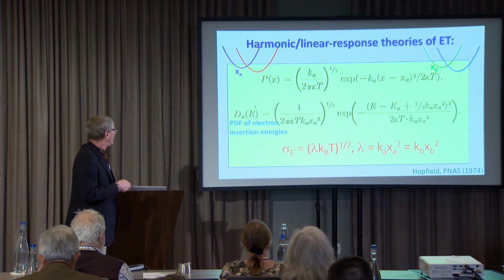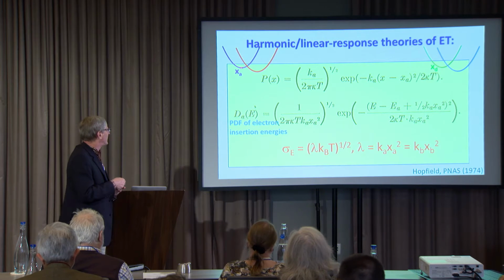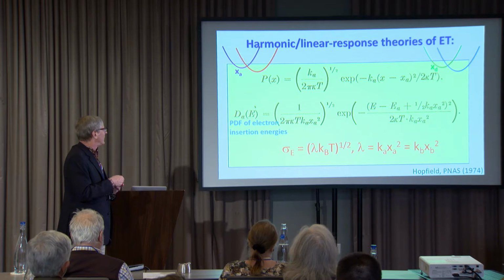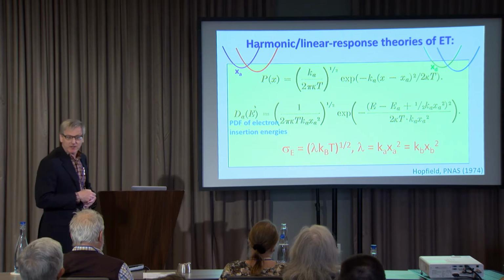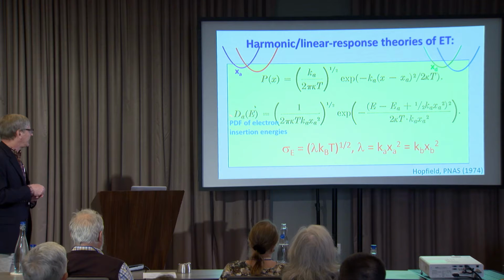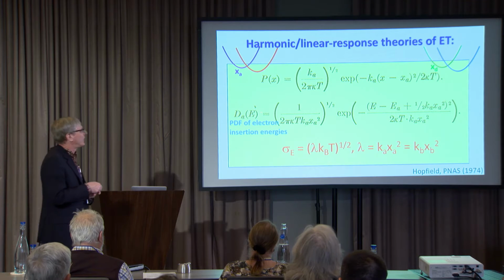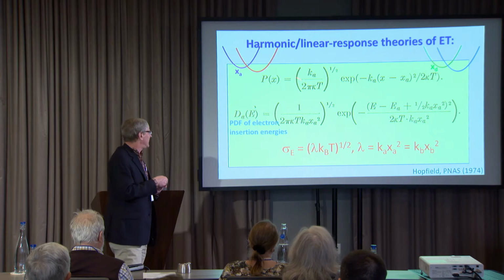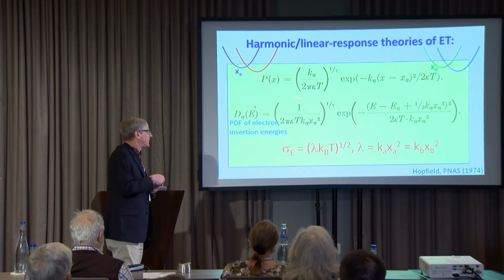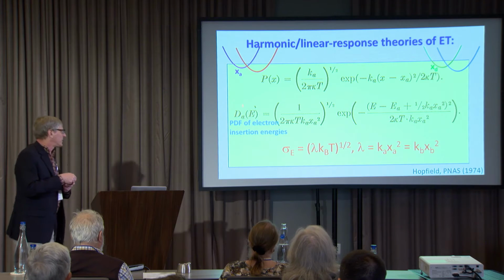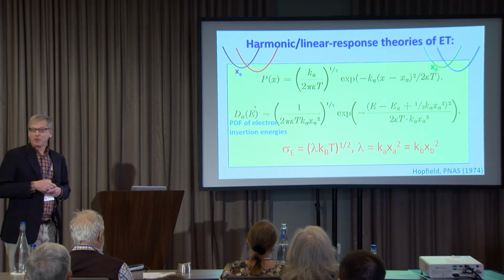And so we also can calculate the probability distribution function for energy gaps between the reactant and product surfaces. And we can calculate these distribution functions for both the donor and the acceptor. And just as the spatial distribution function is Gaussian, the distribution function for energy gaps is also Gaussian.